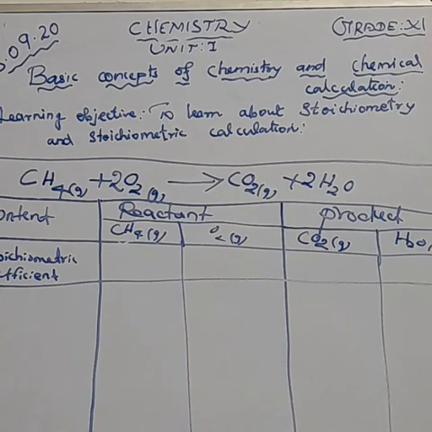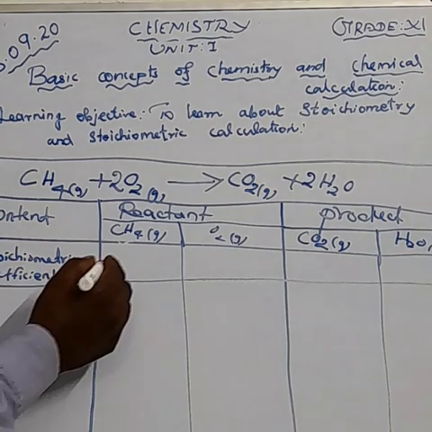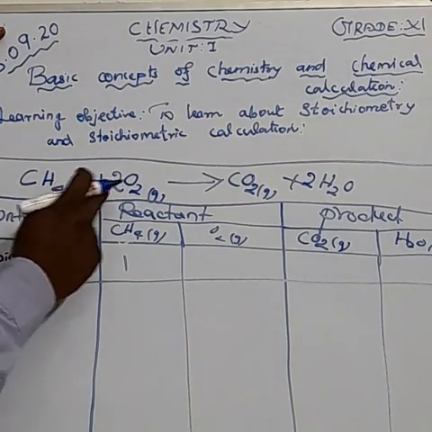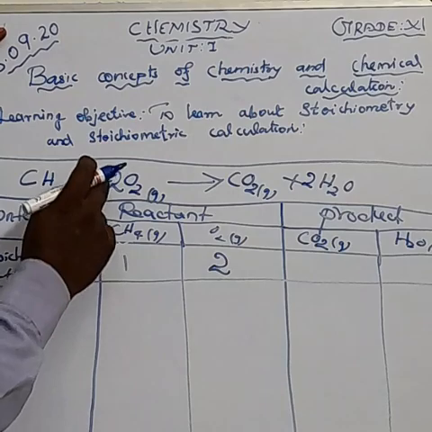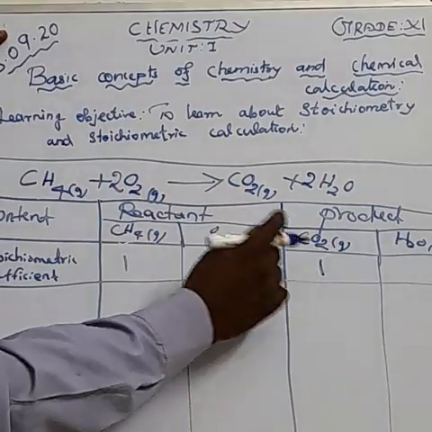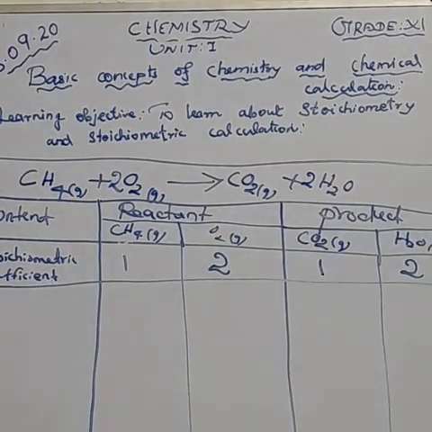That means methane how many moles? 1 mole. And oxygen how much? 2 moles. Carbon dioxide 1. Water 2. Clear? Can you write?